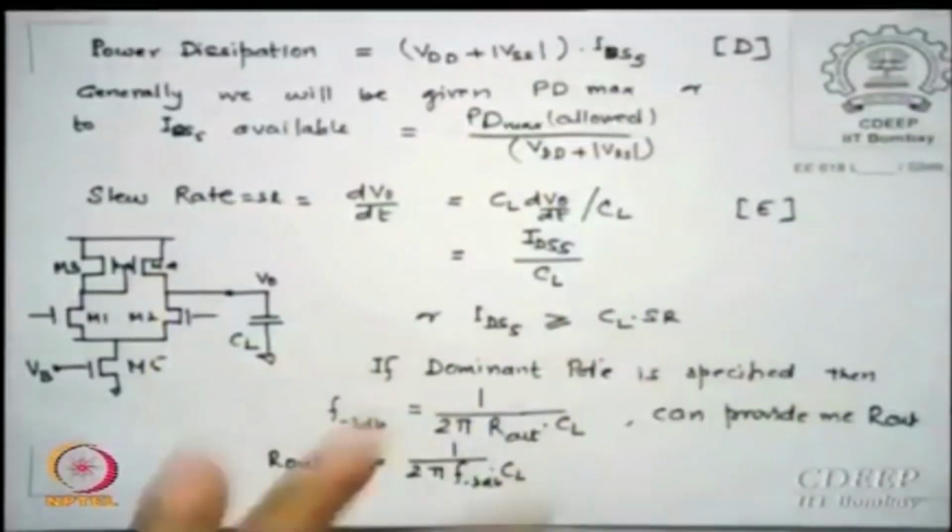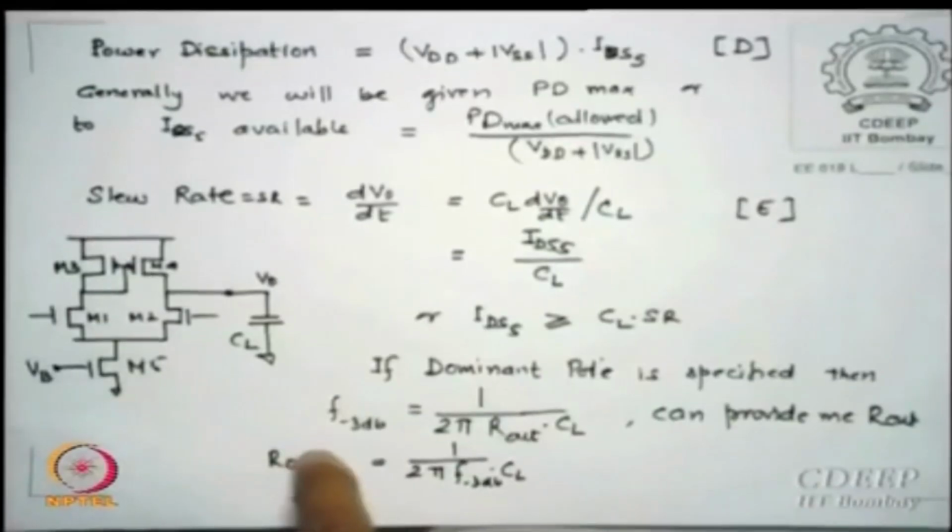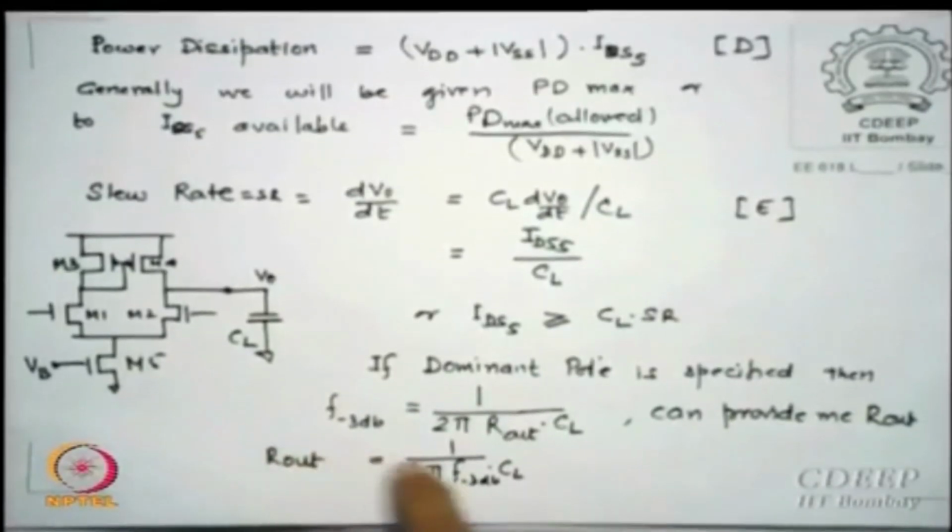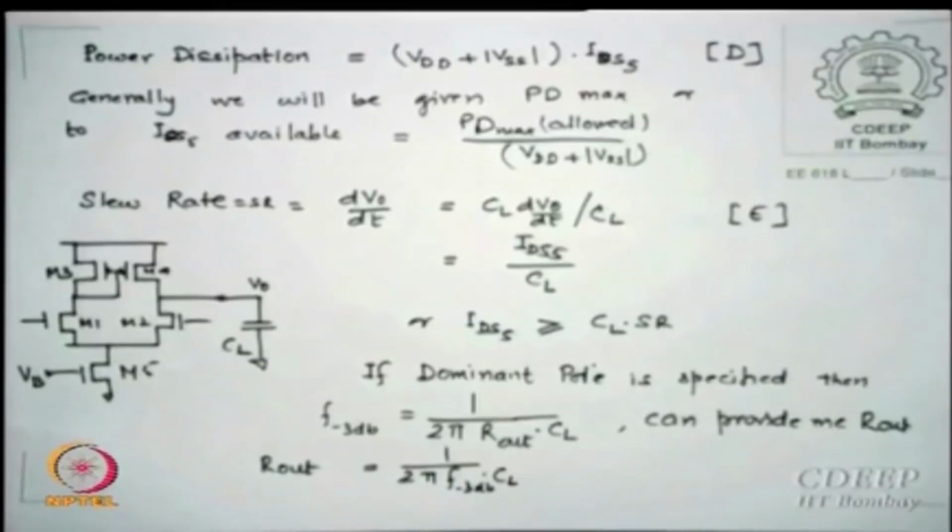If you look at the frequency response, the bandwidth part, let us say for this all other capacitances are not very relevant, which may not be true, and this is the dominant pole. So the 3 dB value which is my bandwidth is 1 upon 2 pi R out CL. R out is 1 upon lambda I, वहाँ भी आएगा.